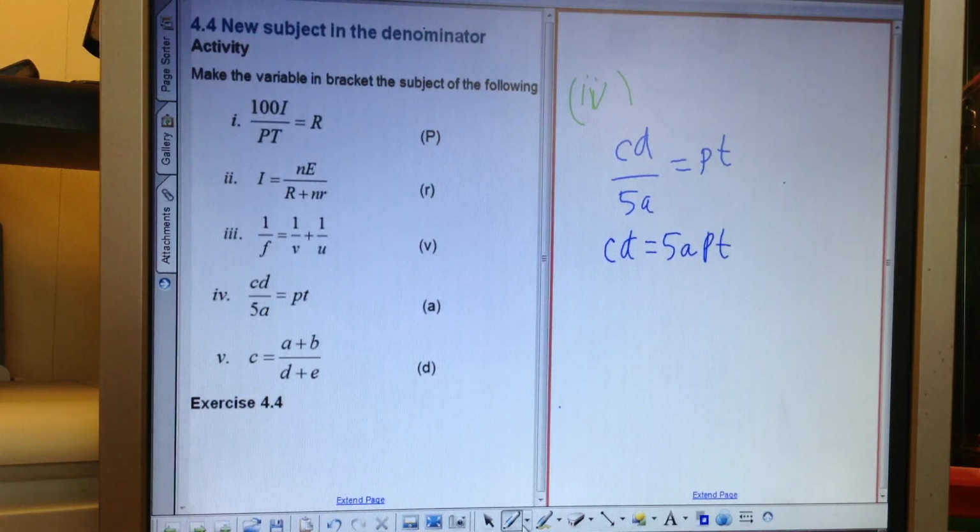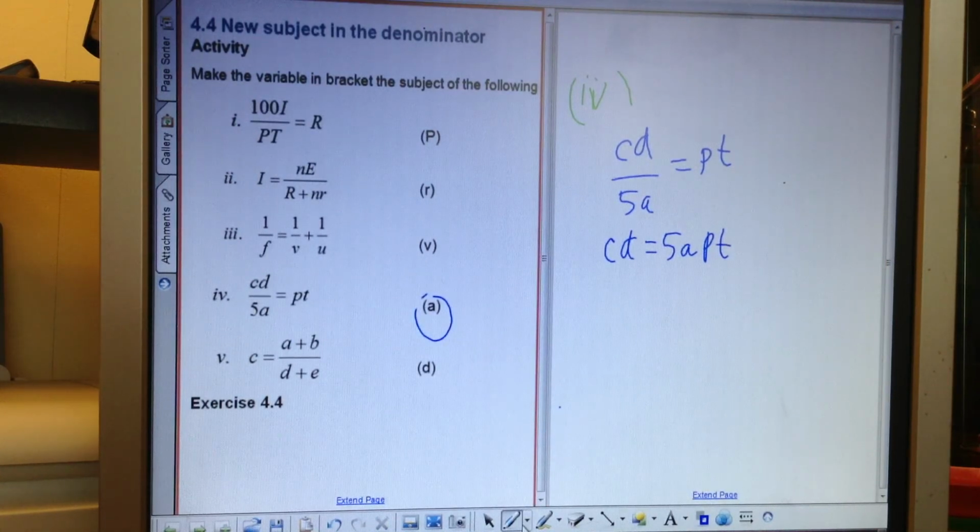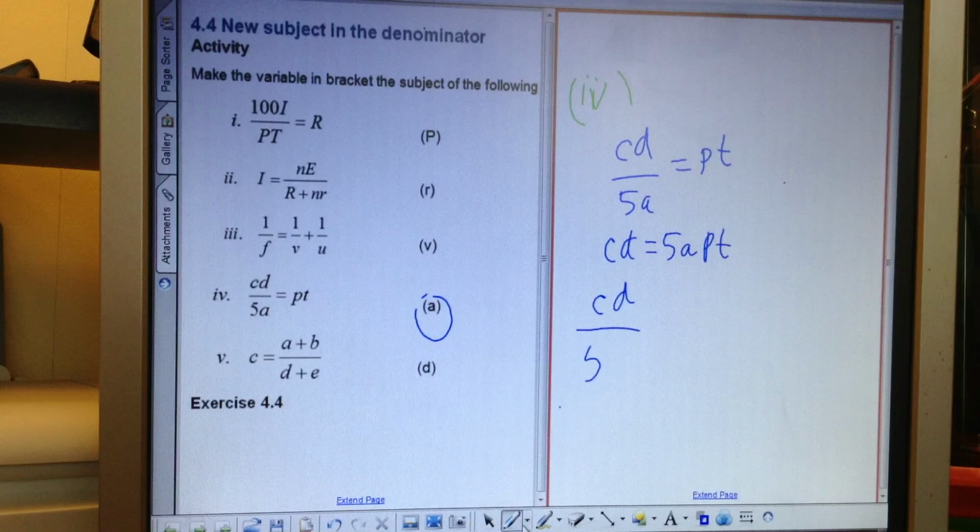But I want to make A the subject, so I divide by 5PT. So I'm going to get CD over 5PT equals A.